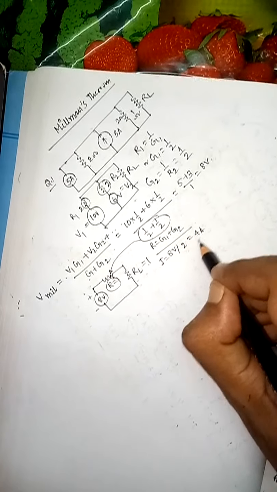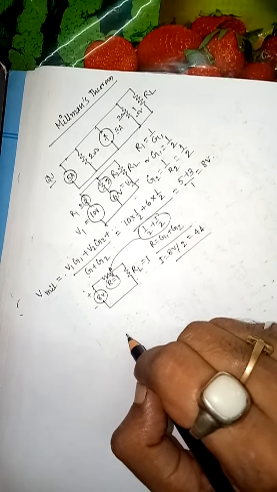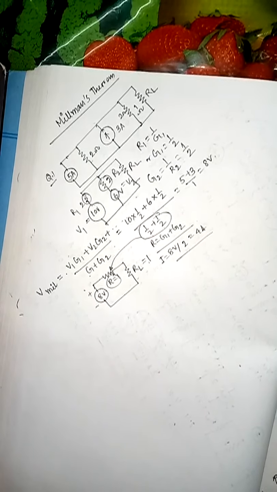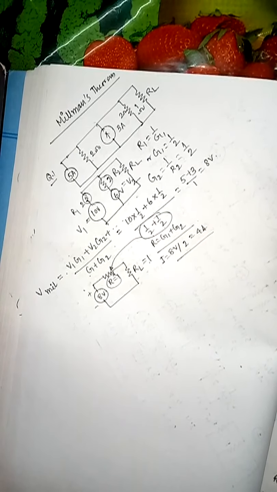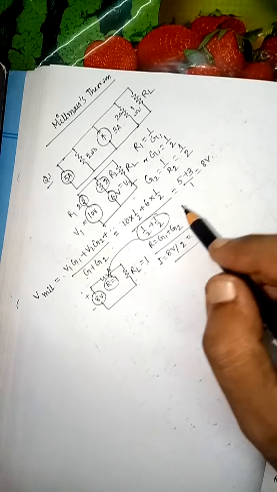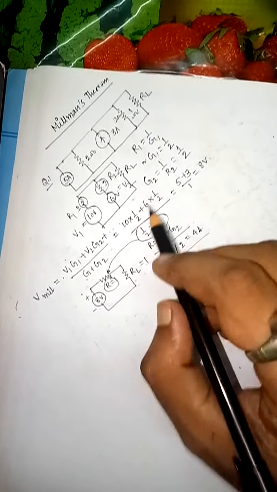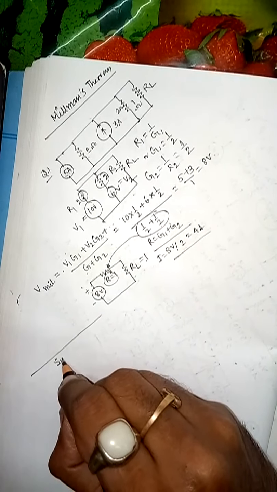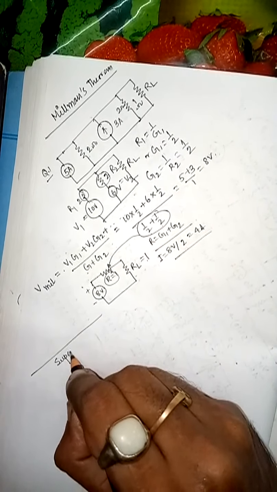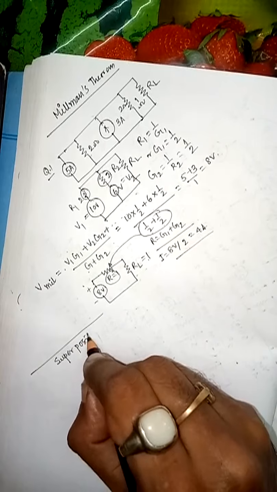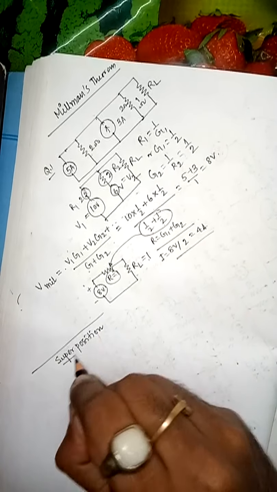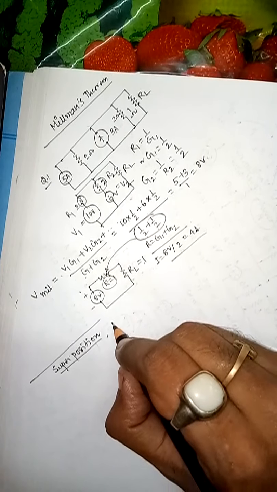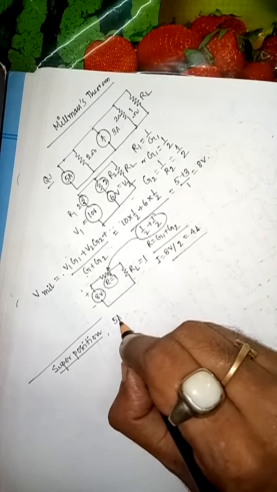4 ampere. Now as I have been telling in the previous classes, you should always verify a result using different rules. So let's find the current through RL using the superposition theorem. First of all, you have to find the current for 5A.